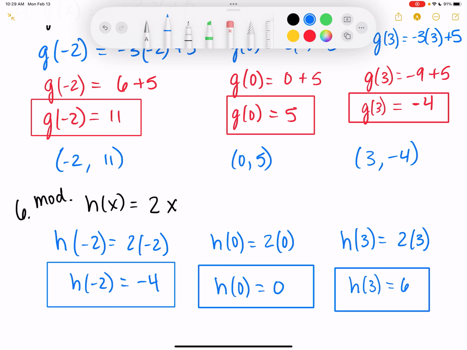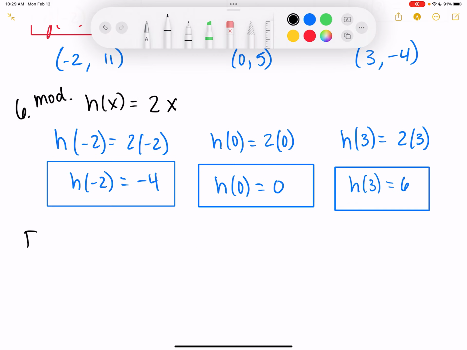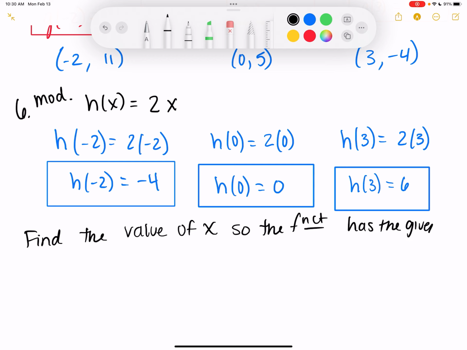These say to find the value of x so the function, and FNCT is how I will abbreviate function a lot, has the given value, okay, which is the number after the semicolon in the problem.